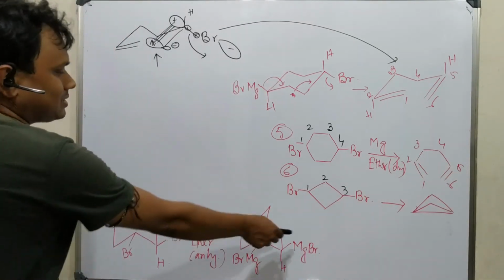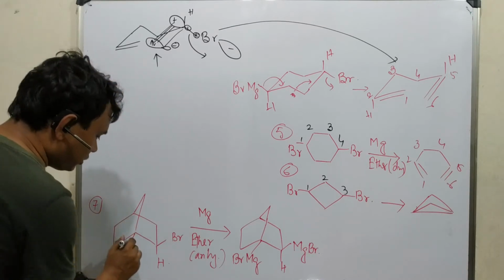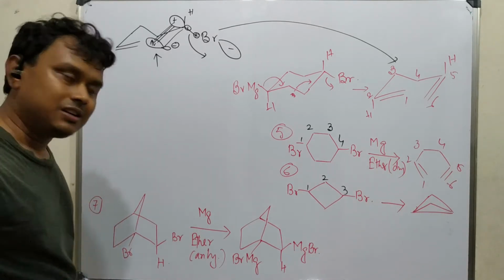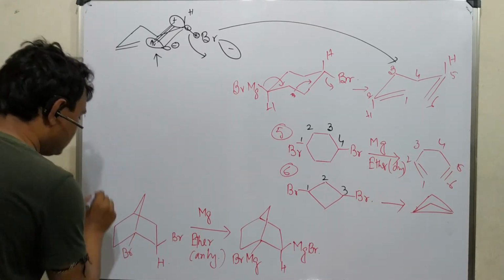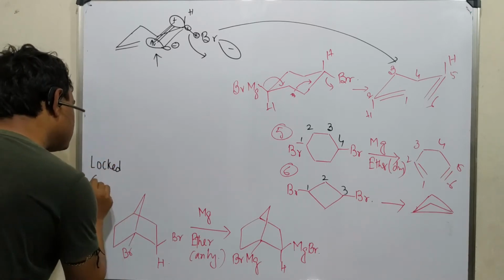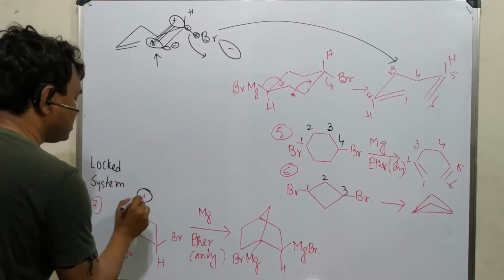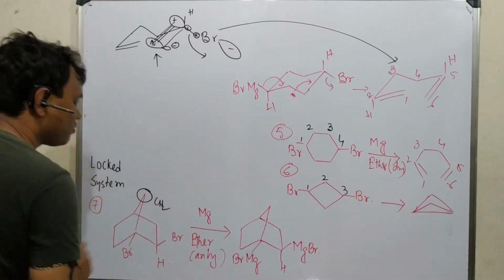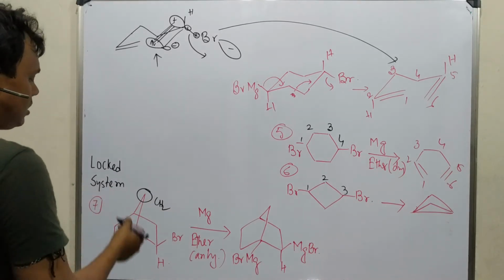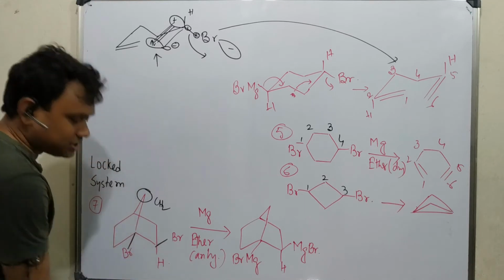But here you can see the expected Grignard reagent is produced. Question 1. First of all, you have to see this is a norbornane derivative. It's a locked system. Why? Because of the presence of this CH2. Now, these bonds are not anti to each other or syn to each other.